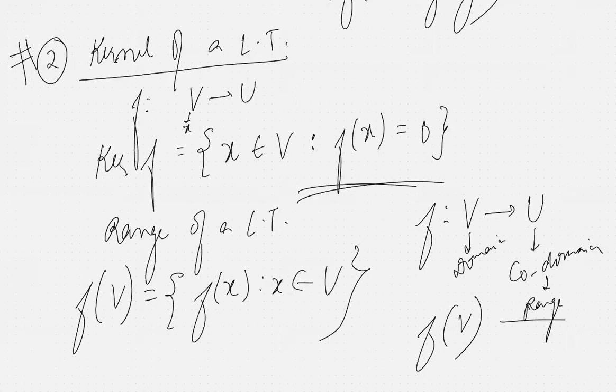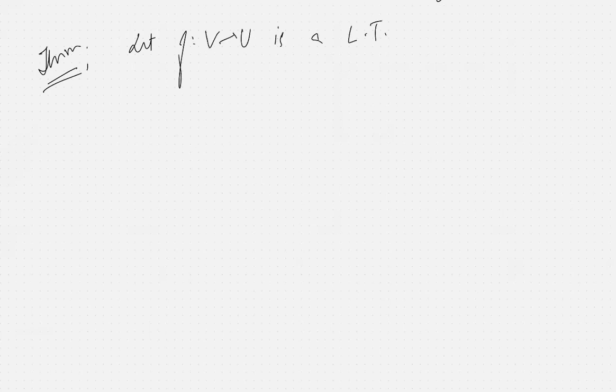Okay. These were the two important sets. An important theorem related to this is: let f from V to U be a linear transformation. In the first part we are proving something about kernel f, and in the second part, image f.